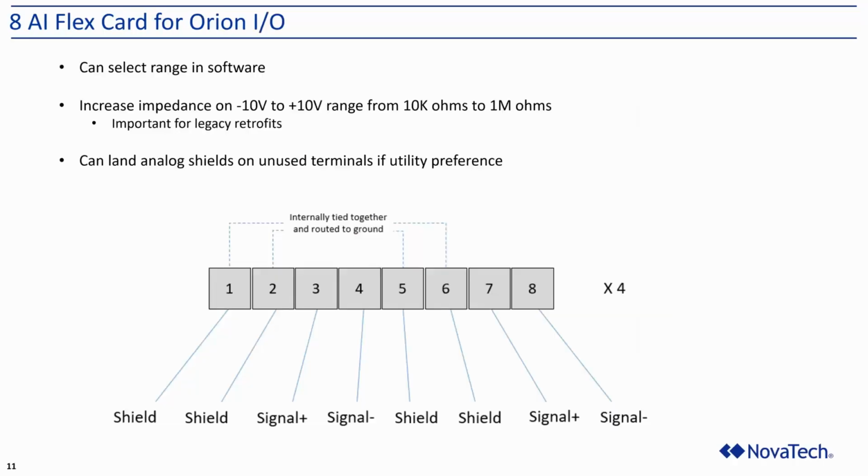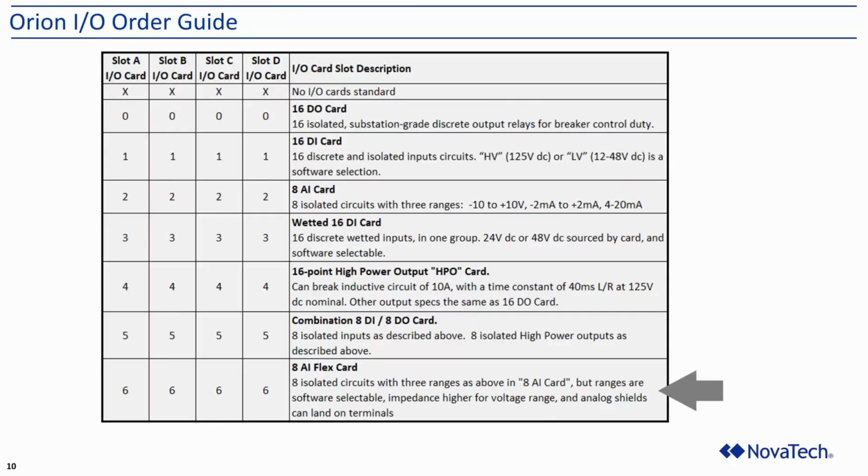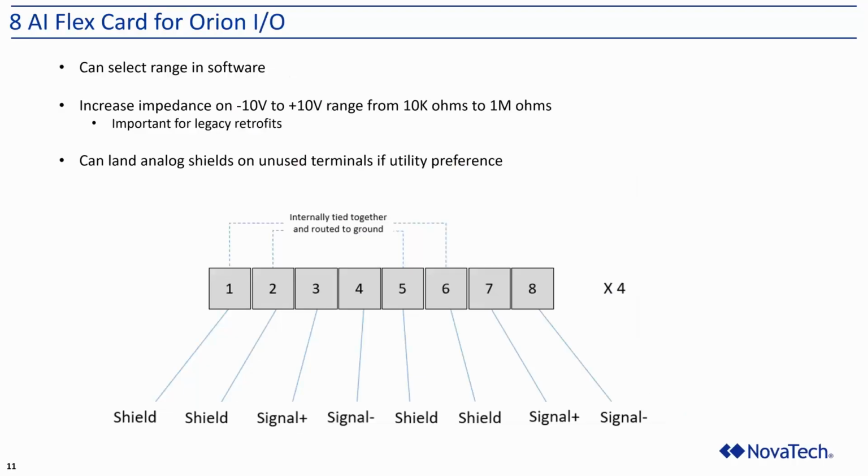If we took a closer look at the analog input flex card and how it differs from the original 8 analog input card, you'll see the terminal design is different. Notice that with the flex card, you can land the shield wiring on terminals 1, 2, 5, or 6 because these are internally tied together and routed to ground.